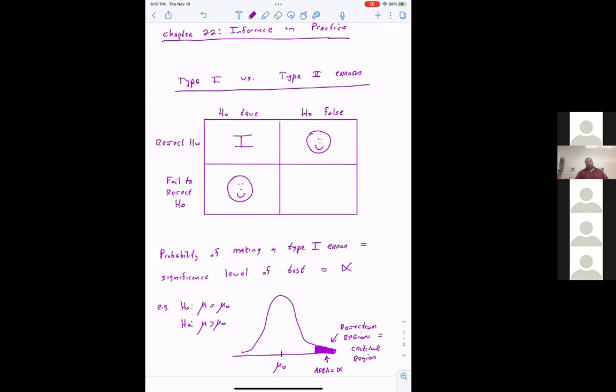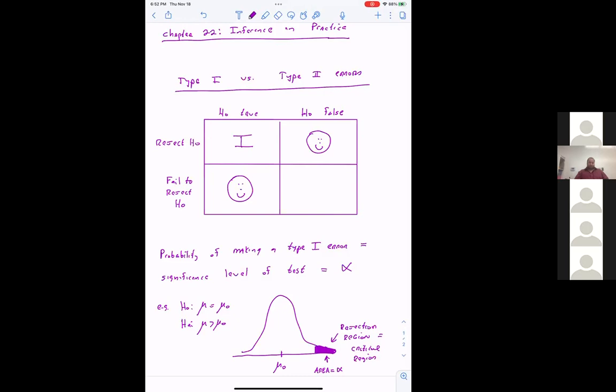So the likelihood of being rejected, of making a type 1 error, the likelihood of landing past my cutoff point is just by definition what I've been calling the significance level of the test, alpha. So alpha is the probability of making a type 1 error.